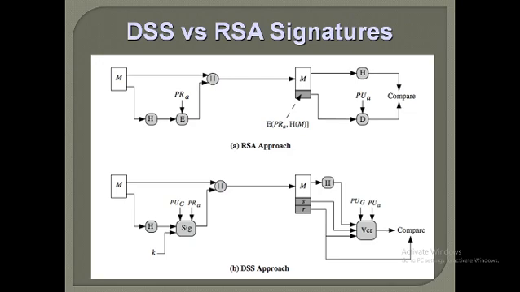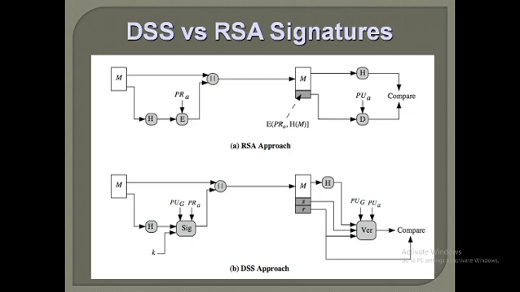In RSA, the hash function is applied to the message and the hash is encrypted using the private key, and it is concatenated with the message. So the message and the encrypted hash are sent. At the receiver, the hash function is applied to the message and compared with the received hash, decrypted by means of the public key of user A. That is the RSA-based approach.